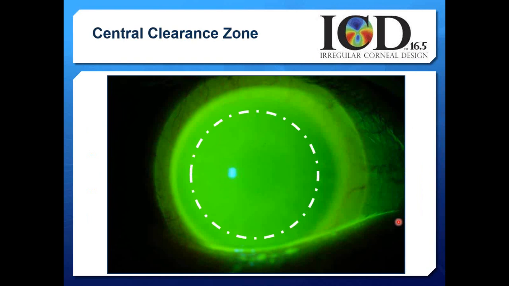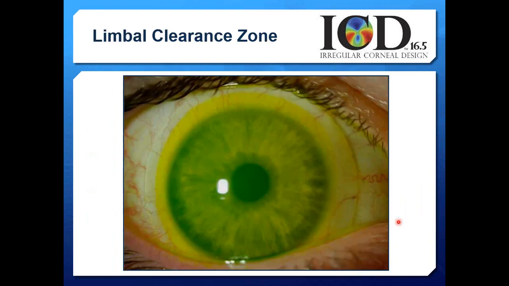In this case, you see lots of fluid throughout the central corneal clearance zone. It looks like we've got a lens that at least has enough apical clearance on insertion. What we don't know is how much clearance actually exists, so we'll do an optic section in the exam to verify that. But step number one is verify that your central corneal clearance is appropriate, that you've got basically enough vault.